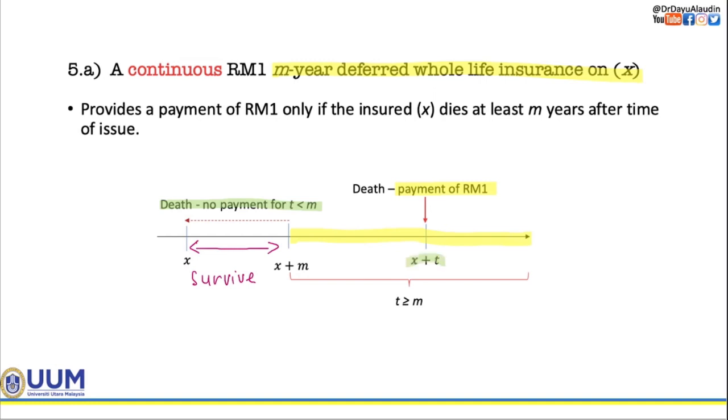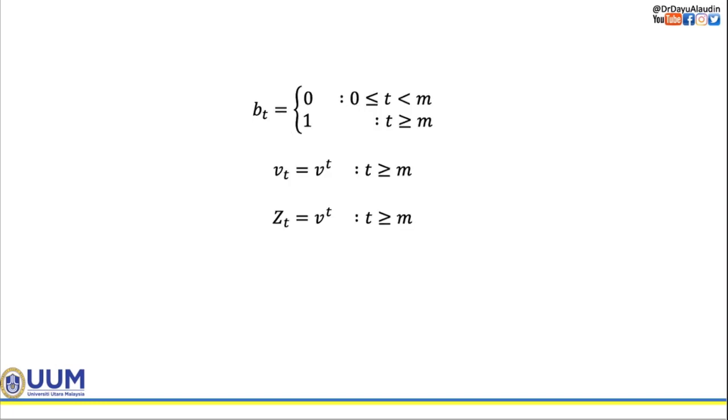So X plus T, the age of death, or T, the time of death, must be greater than or equal to M years. The benefit function: if death happens between 0 to M years, no payment will be given. However, if death happens at T equal to M or greater than that, the benefit will be equal to 1.